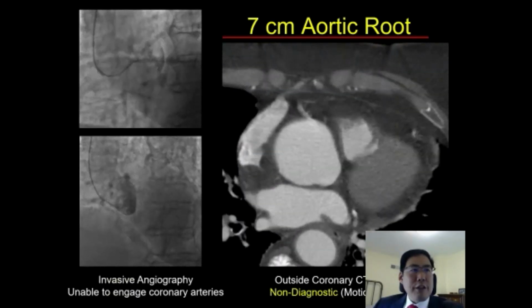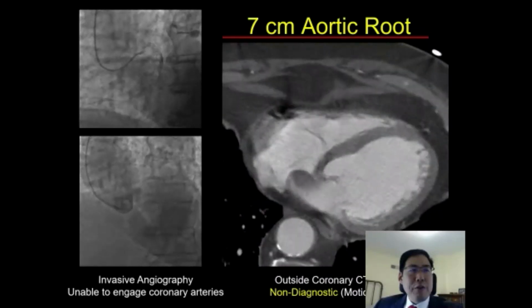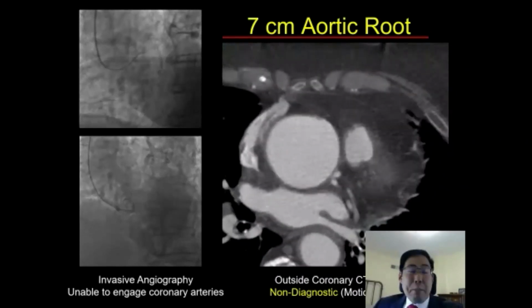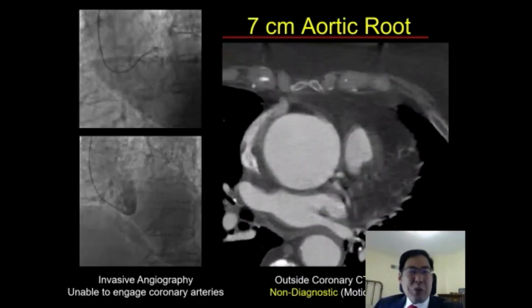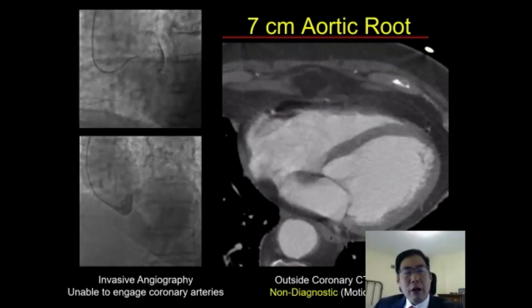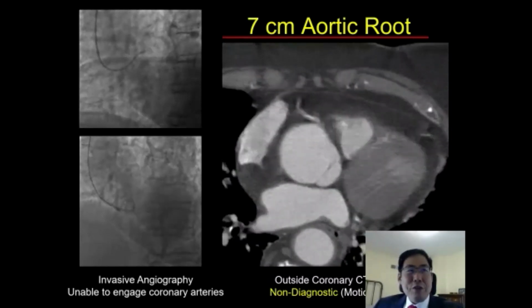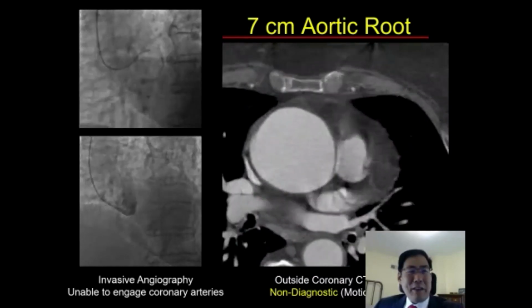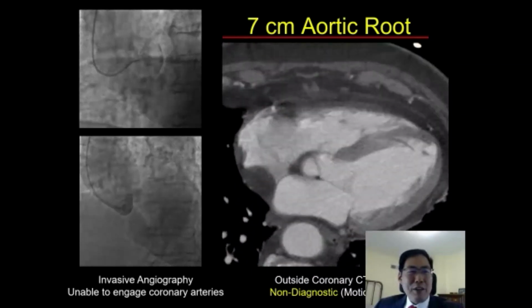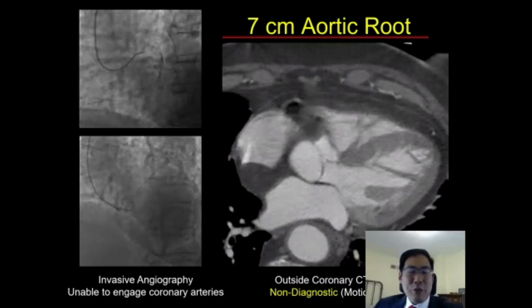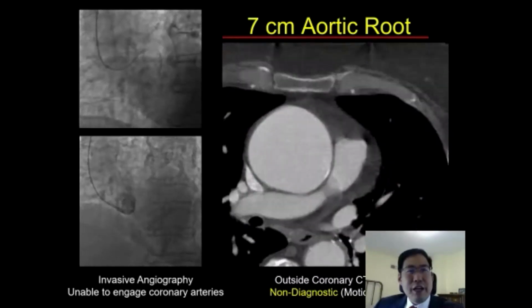So here's a difficult case that was referred to me. This is a patient who has a 7-centimeter aortic root requiring surgical repair. They attempted to do invasive angiography to clear the coronaries before surgery. However, the aortic root was so big they weren't able to engage the coronaries.